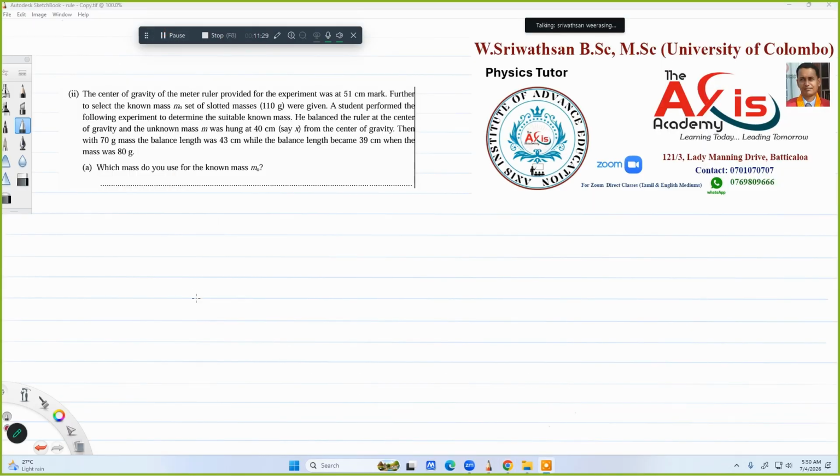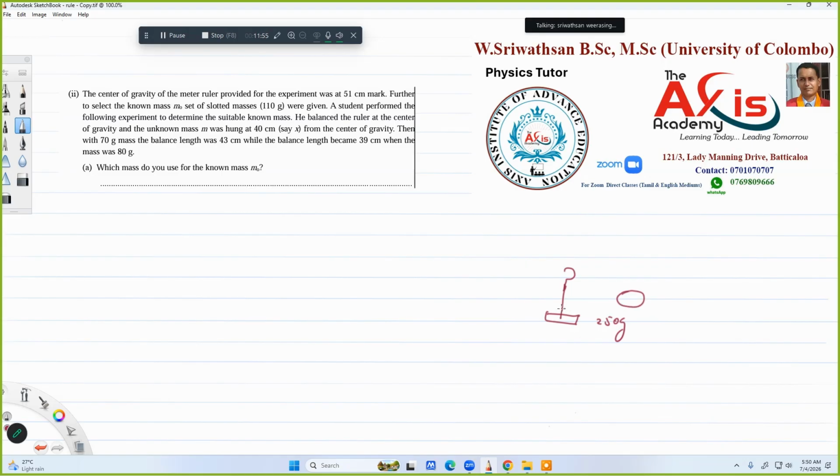The center of gravity of the meter ruler provided for the experiment was the 51 centimeter mark. Further, to select the unknown mass M node, a set of slotted masses. Slotted mass in the sense there will be a hook and a weight. For example, this will be 250 gram, and some disc-like weighted masses will be there.